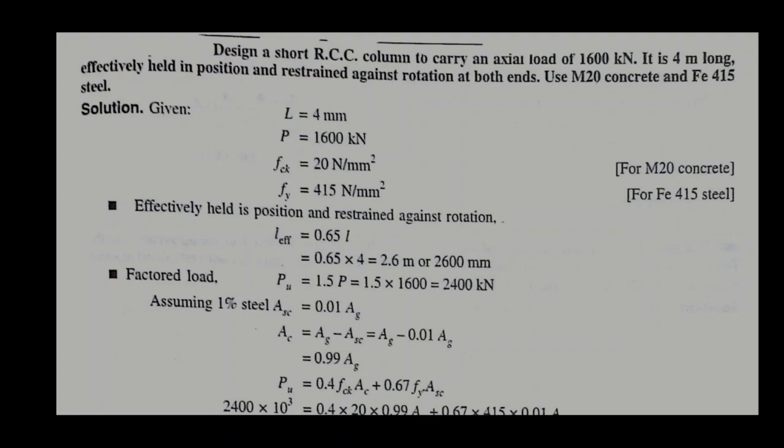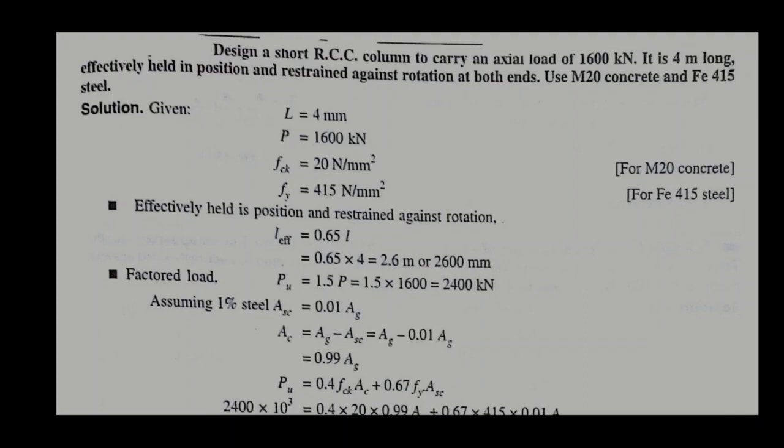So length L is 4 meter, P axial load is 1600 kilonewton, fck is 20 Newton per millimeter square for M20 concrete, fy is 415 Newton per millimeter square for Fe 415 steel. Now we have to calculate effective length for the end condition, effectively held in position and restrained against rotation.